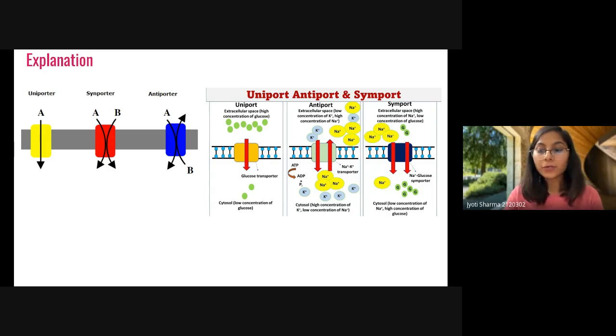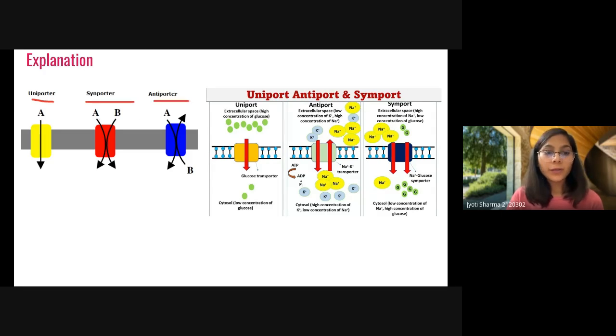As I told you, we have the aquaporins, and these aquaporins are part of the facilitated passive transport mechanism. Because of this protein structure in the cell membrane, molecules can get in or get out of the cell. We have three types: uniporter, symporter, and antiporter.